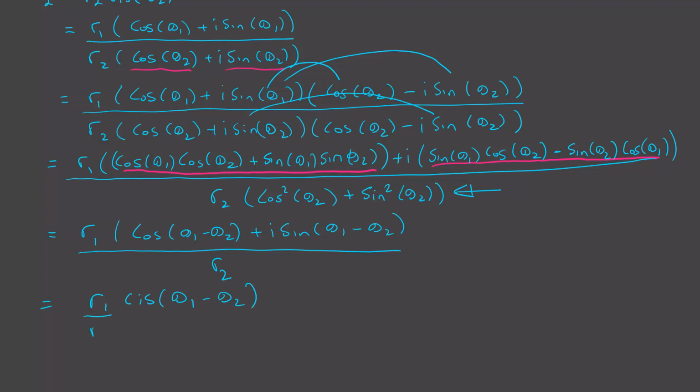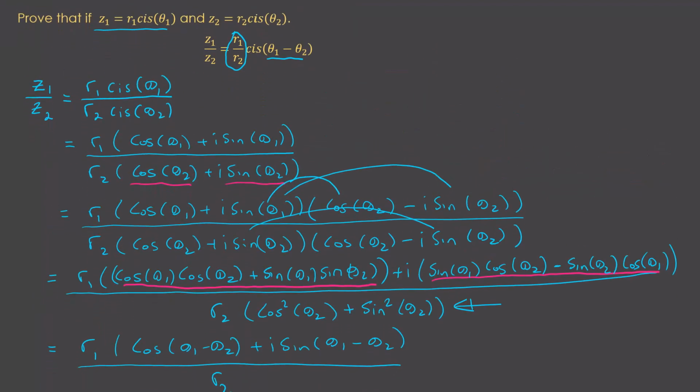And of course, that's over R2. And so we get back to what we had here. And we can see, just reiterating, that what we do when we're dividing is we divide the moduli, R1 divided by R2, and we subtract the arguments.